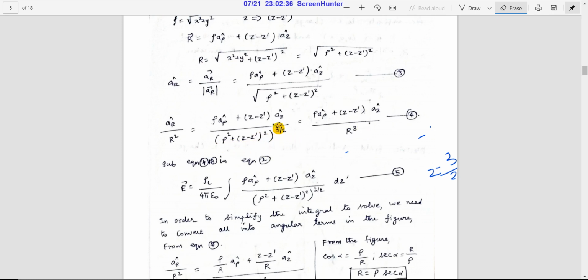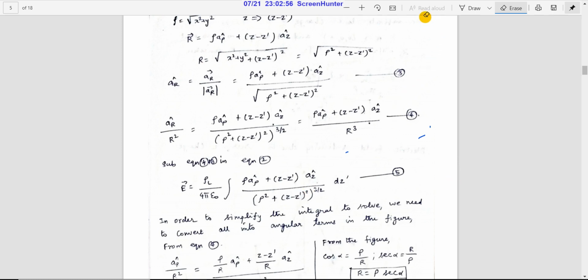So if you want to find out, you can also write this term as r cubed. How? Because this particular term with power 1 by 2 means that it is going to be equal to r.